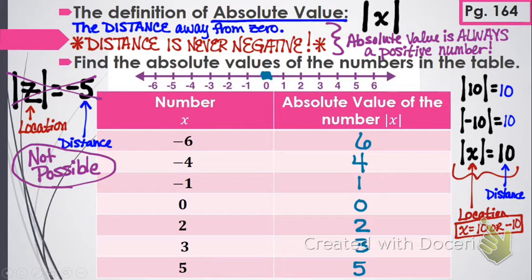Why is it not possible? Because you can't go negative on the distance. You can't go a negative distance. Distance is never negative.